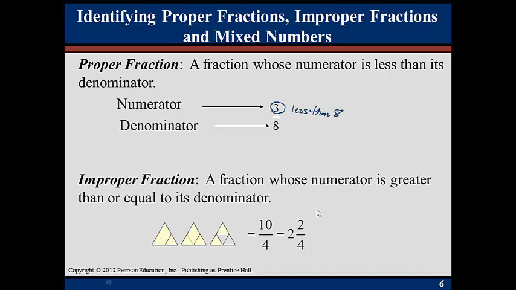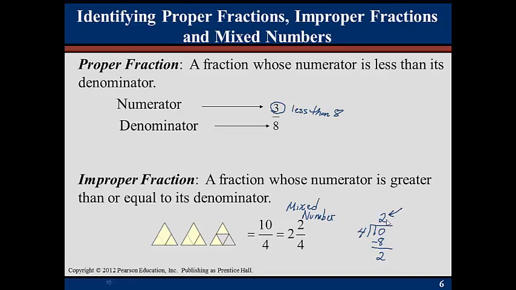Now, an improper fraction can be written as a mixed number. You can take 10 over 4 and do long division. So 10 divided by 4. 4 goes into 10 2 times. And we have a remainder of 2.